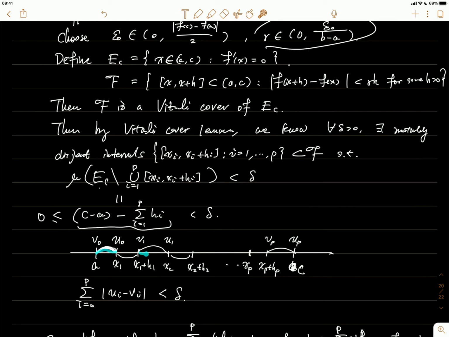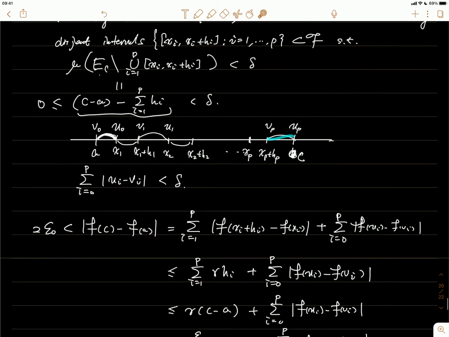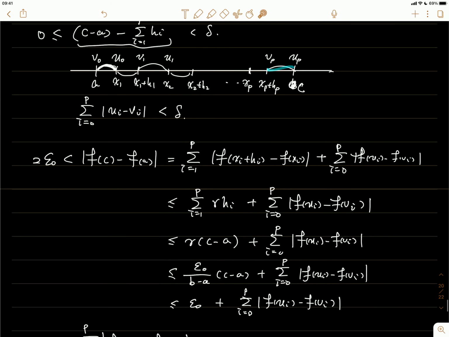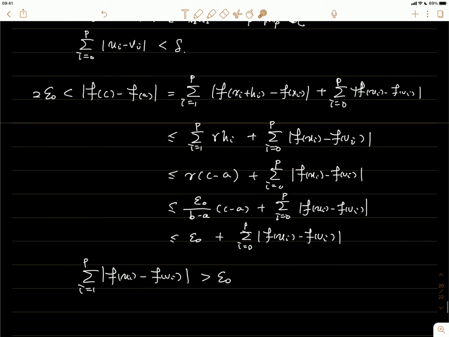So these intervals are all disjoint, separated by those intervals, and the sum of them will be less than delta. For any delta, we can find that these are less than delta, and finally we show that this sum of these differences is actually greater than epsilon 0.